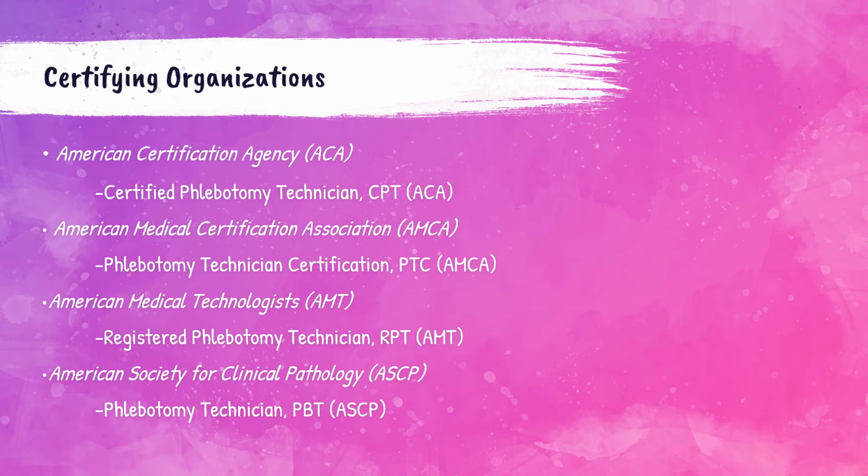There is AMT, or American Medical Technologist Certification, and the designation for this certification is Registered Phlebotomy Technician, or RPT AMT. There is the American Society for Clinical Pathology, or ASCP, and the certification designation for this agency is Phlebotomy Technician, or PBT ASCP.